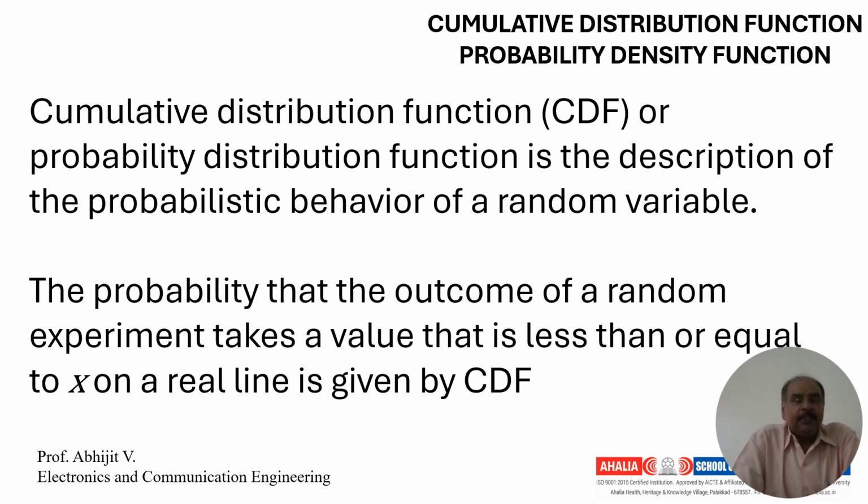The chances that the outcome of a random variable can take any value which is less than a particular point, where capital X is equal to small x, or it comes less than that, is determined by what is called the cumulative distribution function of a random variable.